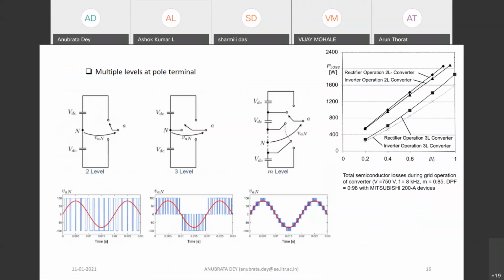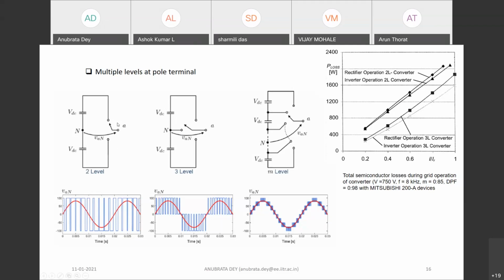So what is basically an MLI, conceptually, if you look at it? If you have a pole voltage, first you look at the two level. As I said earlier, you can assume it as two capacitors, and the midpoint of this two series capacitor in the input DC link can be treated as a reference point, and this is N. With respect to N, the pole voltage is when it is connected to the top one, that is the top switch is on, and it can be connected to the bottom one when it is connected to the bottom terminal.